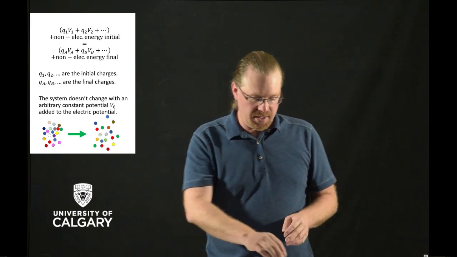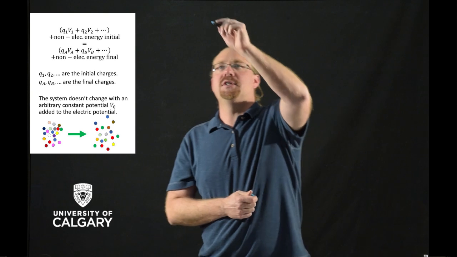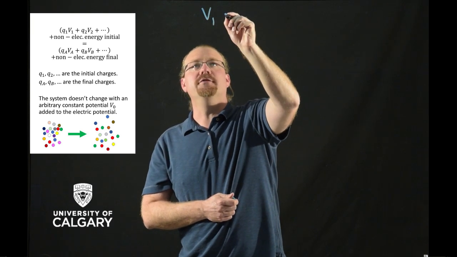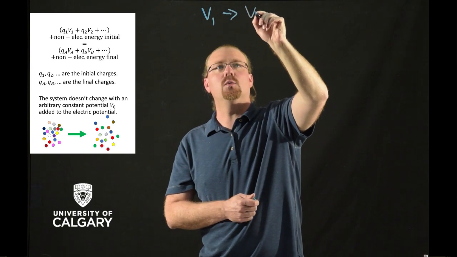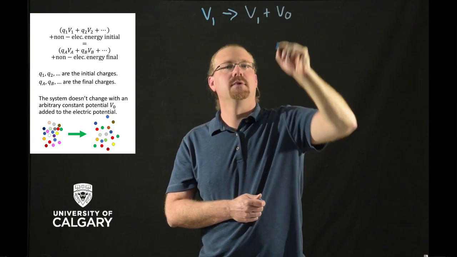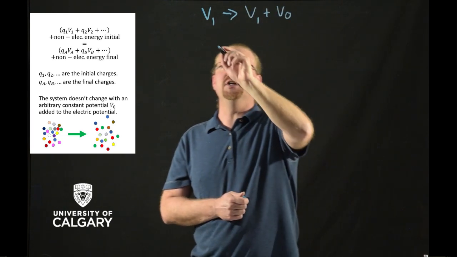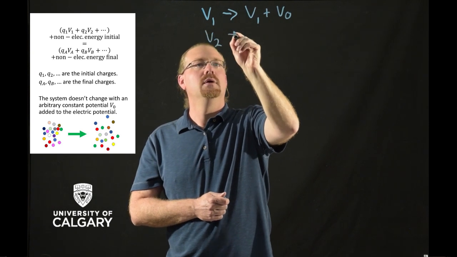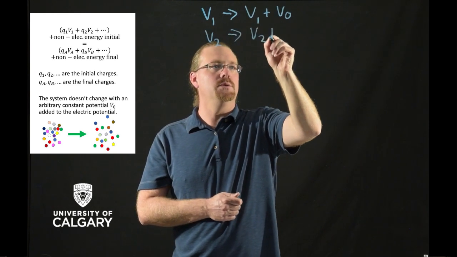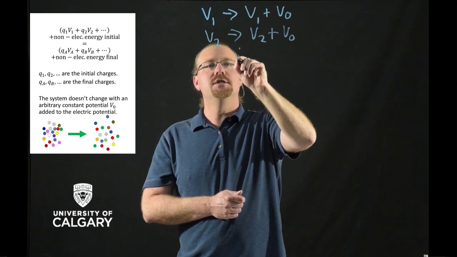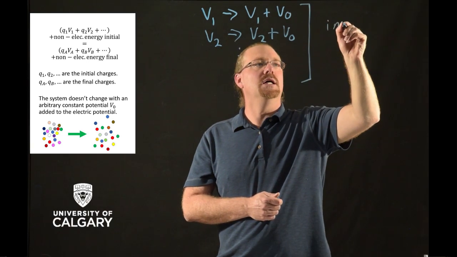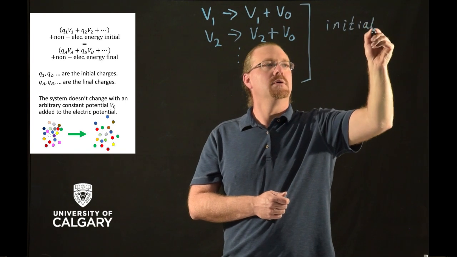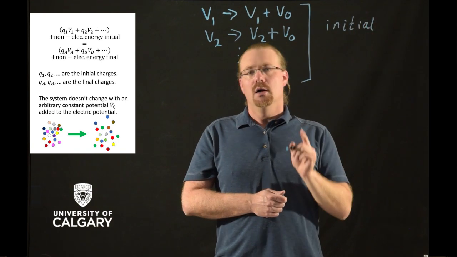What this means is that when we start with our potential V1, V1 is going to wind up going to a new potential, V1 plus V0. And we didn't just have V1, we had V2, which will also go to V2 plus V0, and so forth for all of our initial electric potentials.